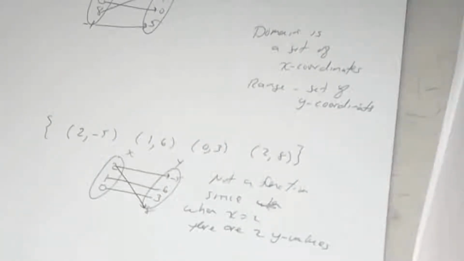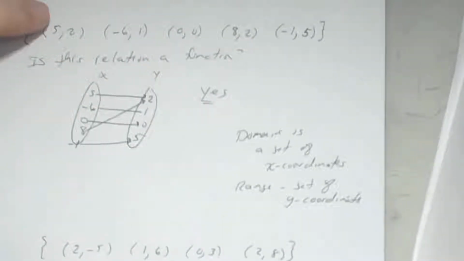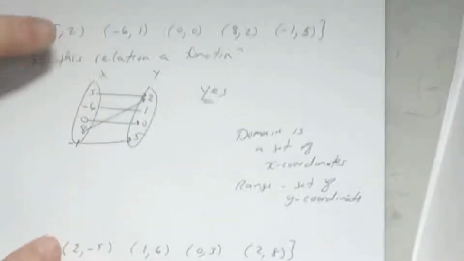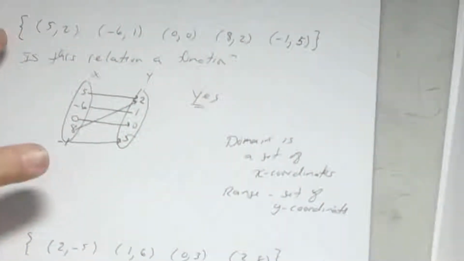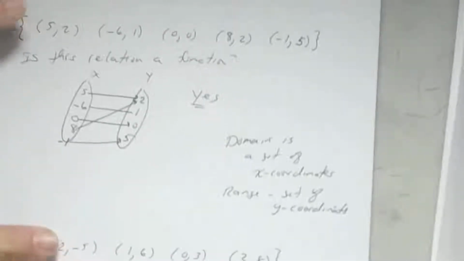All right, now in a little while you're going to find the domain and range of two things: a set of ordered pairs like this and an infinite set like this. For the set of ordered pairs like this, is this a finite or infinite set?